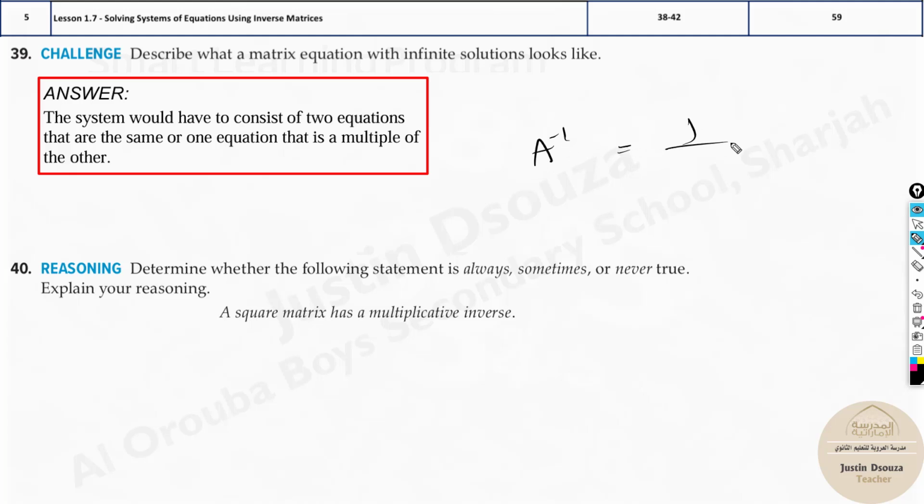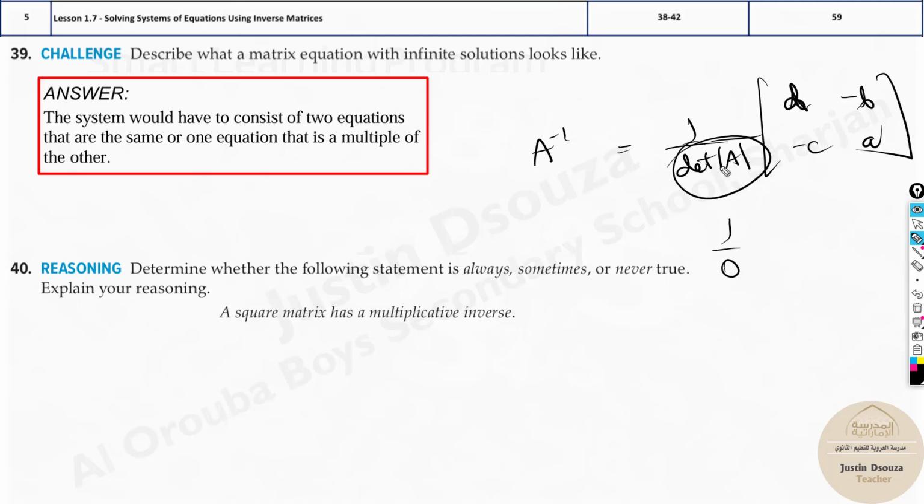If you know the formula, it's 1 by the determinant of matrix A. Then for the matrix A, B, C, D, it'll be D over here, minus B, minus C, and A. This is the formula. Now this is the determinant of A. If the determinant is 0, then the inverse doesn't exist, right?